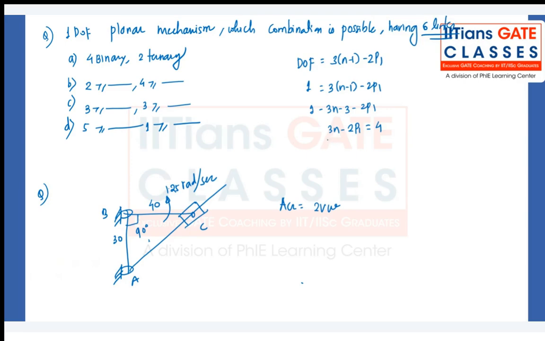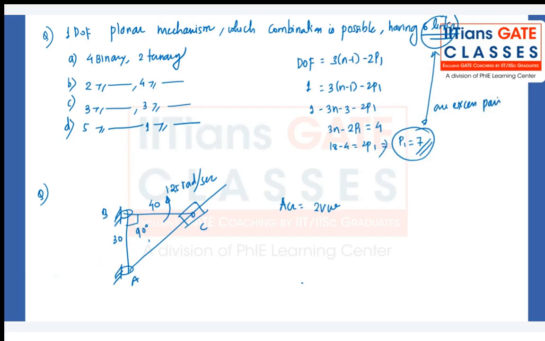So 3 into 6, 18, minus 4 is equal to 2 times p1. So p1 has to be 7. So you should have 7 pairs. So 6 links and 7 pairs. So one excess pair you should have, right? So when you have 6 links, you should have one excess pair.